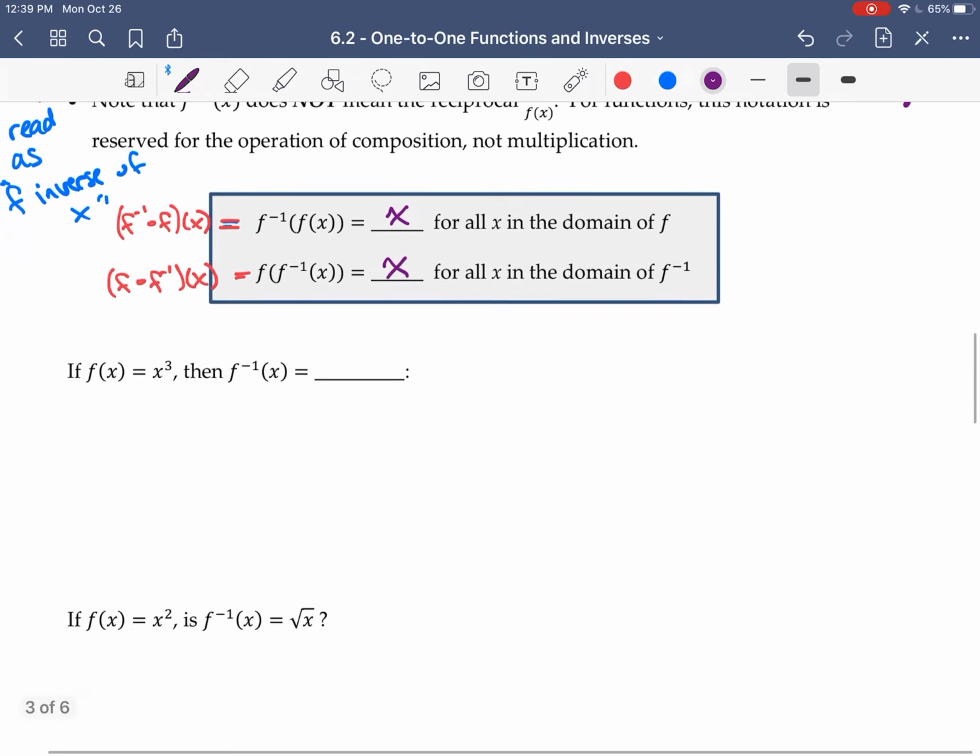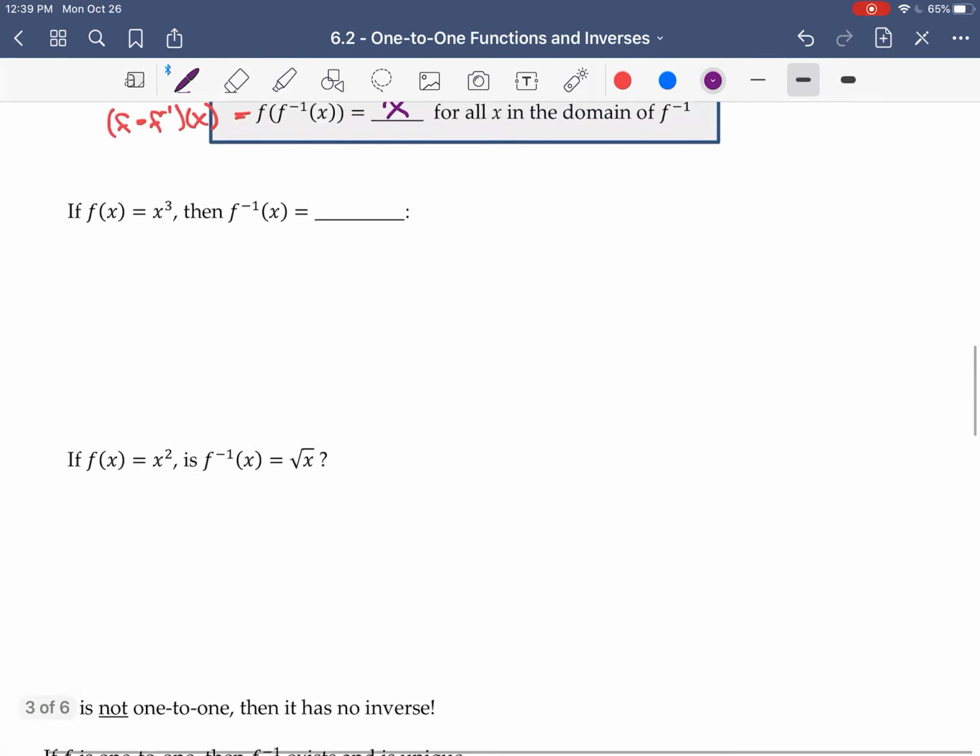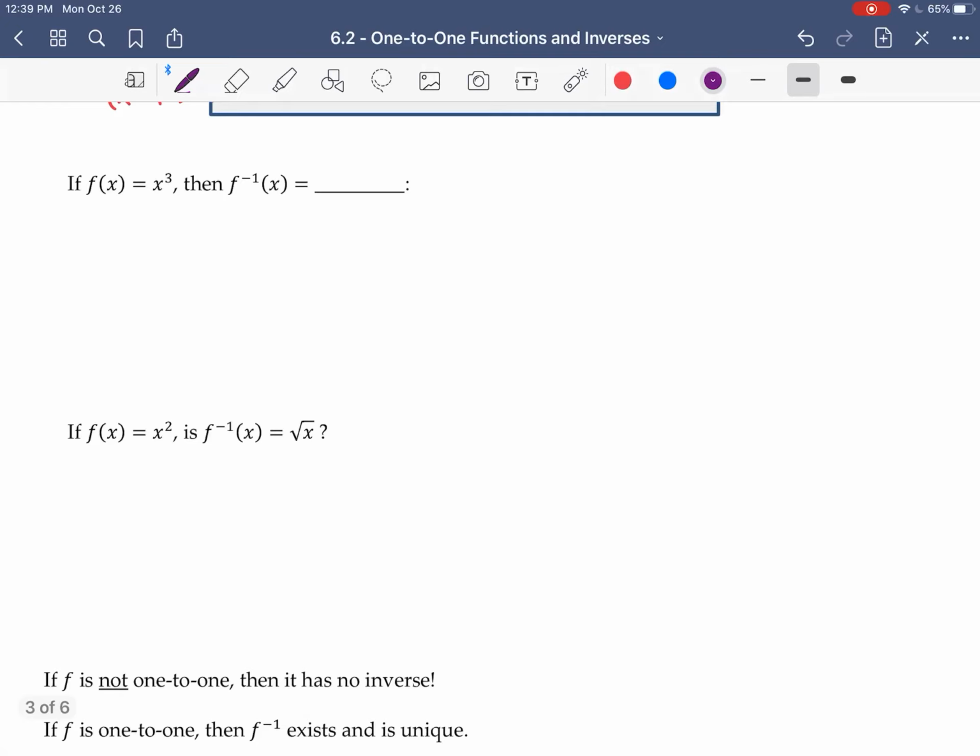Now I'm going to skip the first example and move on to the second example here. If f of x is x squared, is the inverse function root x? That is going to undo what the other one does. So let's think about this. Let's say that I do f inverse composed with f of x.